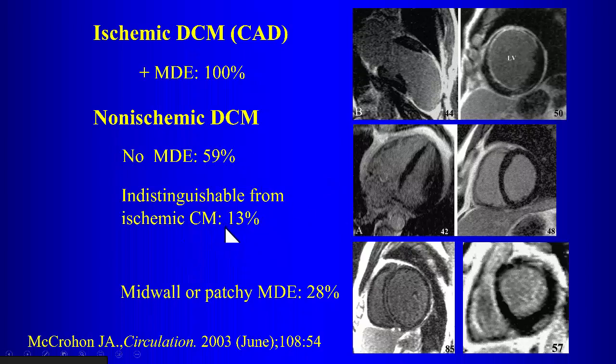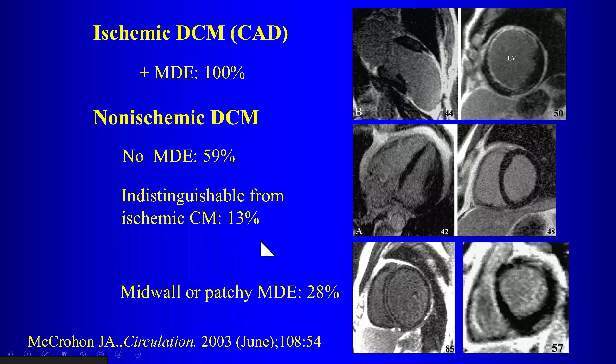They had delayed enhancement in a vascular distribution involving the subendocardium. So their interpretation was that these were patients who did develop dilated cardiomyopathy as a sequela of ischemia, but for whatever reason, at the time they got their cardiac cath, they did not find obstructive disease. Either they recanalized the coronary artery, or it may have been a thrombus that recanalized.